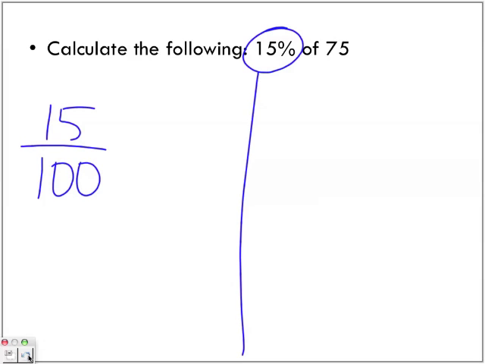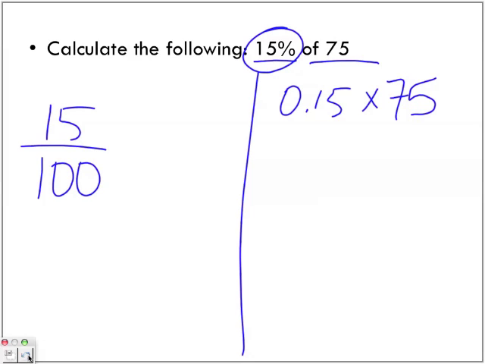The other one is actually converting this 15 over 100 into a decimal. So convert 15% as a decimal, right? So all you're doing is you're just now dividing the 15 by 100. And what do you get? 0.15. So whenever you're asked to find a percent of a number, you take that percent, you convert it into your decimal, okay, and you simply multiply it by that value, 75.